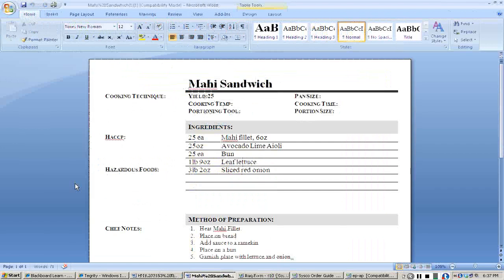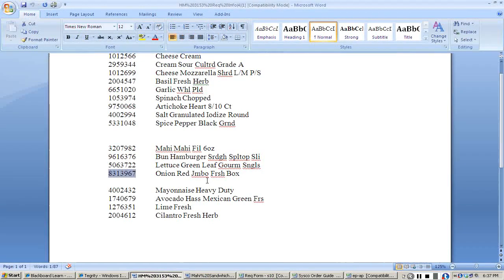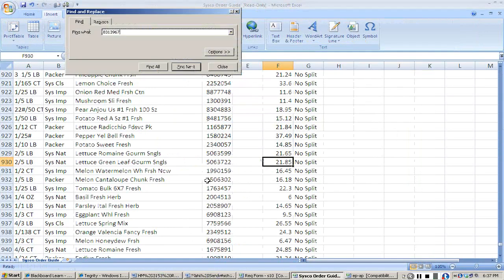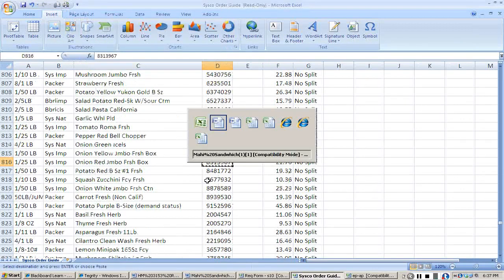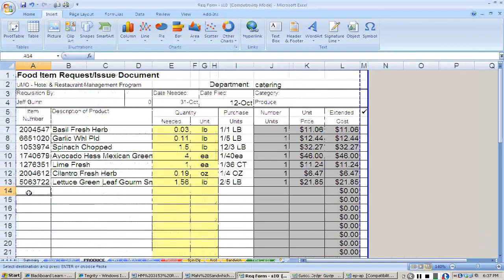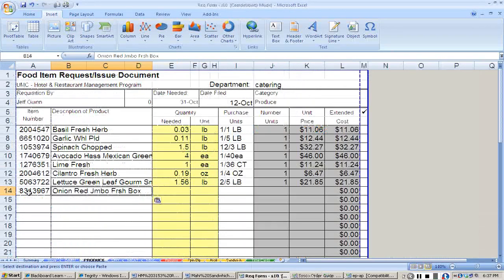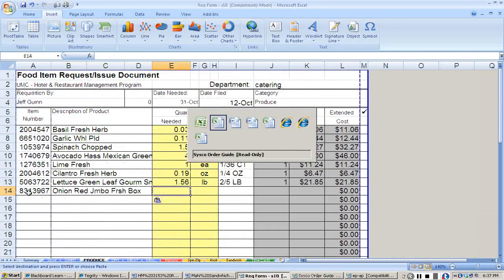And last but not least, we have sliced red onion. Alright, red onion, so it's going to be in the produce also. Alright, so we need 3 pounds, 2 ounces.